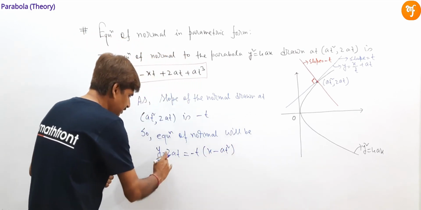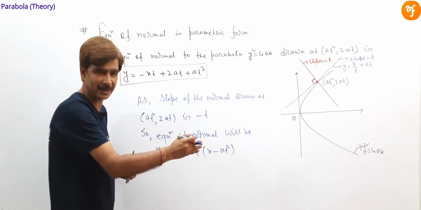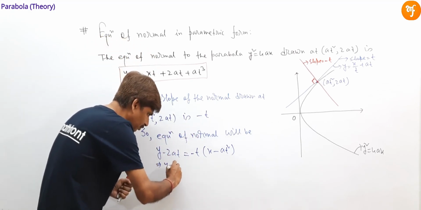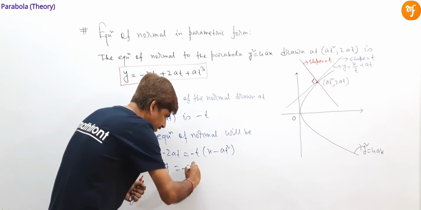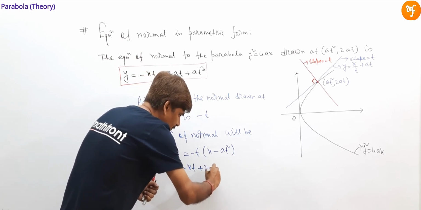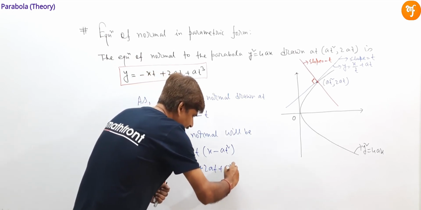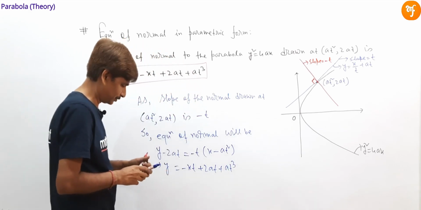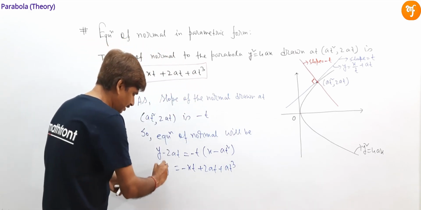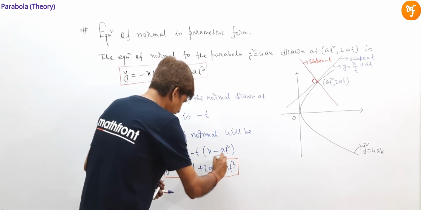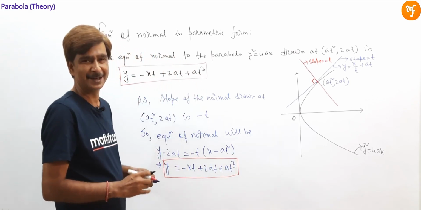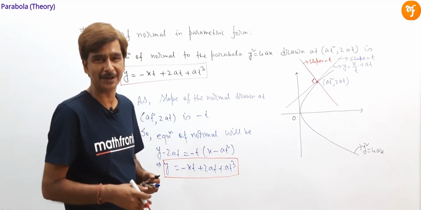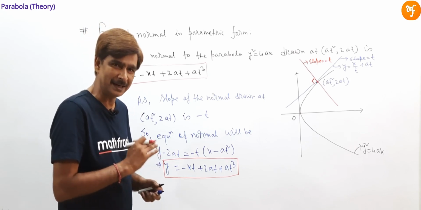So shift this -2at to the right hand side, we will get the equation of the normal y = -xt + 2at + at³. Okay, so this is the equation of the normal to the parabola y² = 4x drawn at (at², 2at). Okay, clear?